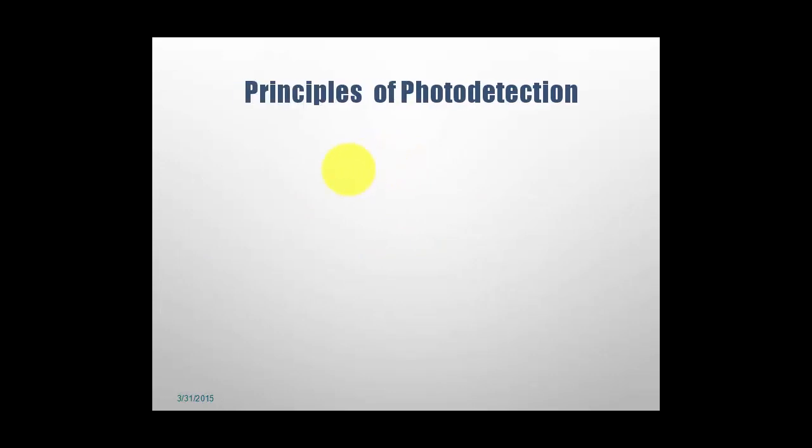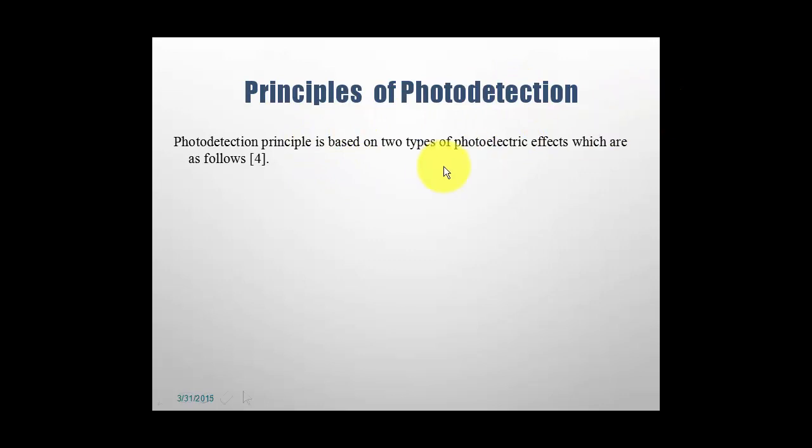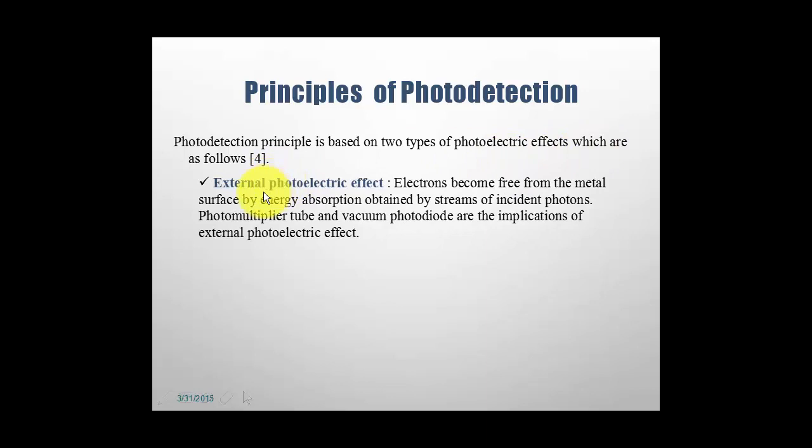Now, the principle of photodetection. The photodetection principle is based on two types of photoelectric effects. The first one is the external photoelectric effect, in which electrons become free from the metal surface by energy absorption obtained from the stream of incident photons. Photomultiplier tubes and vacuum photodiodes are implementations of the external photoelectric effect.